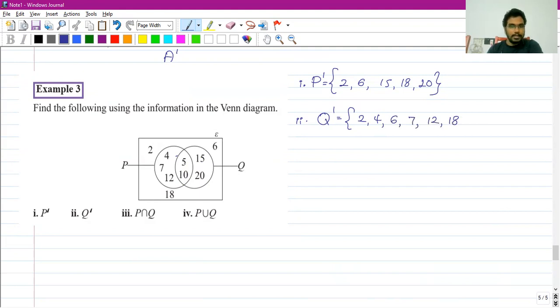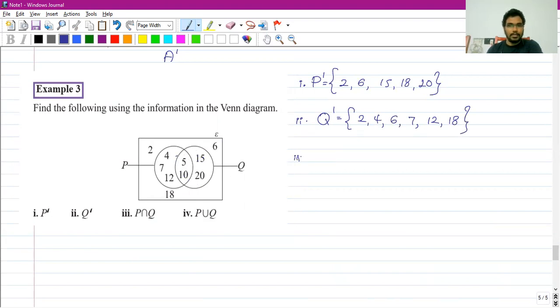So am I correct? I can take this out, and the other part belongs to the Q dash. That means 2, 4, 6, 7, 12 and 18. Yes, correct. So this will be the answer for this one.